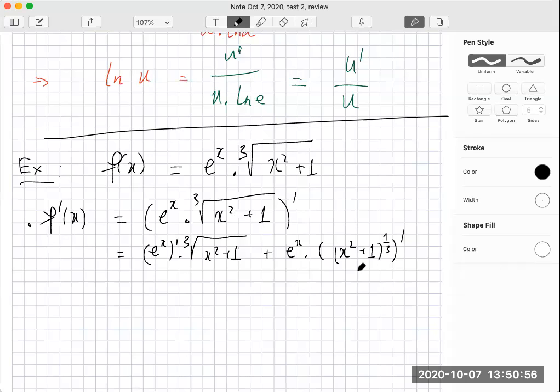Okay, now just do it slowly. What is the derivative of e to the x here? Very good. And this one, we just rewrite it. Nothing new. And this one is a similar story, but which formula should we use?